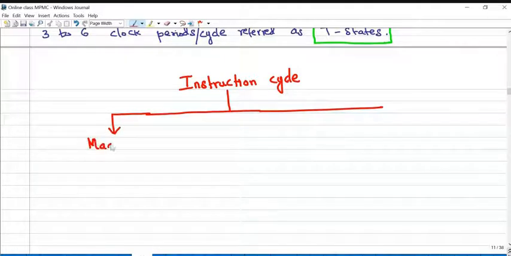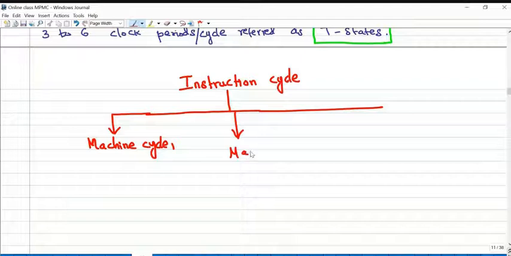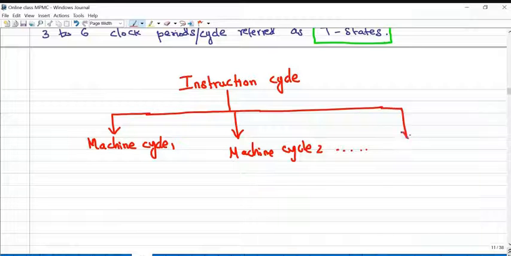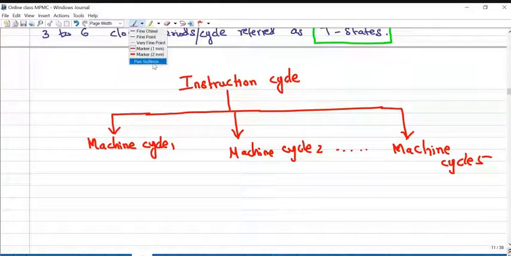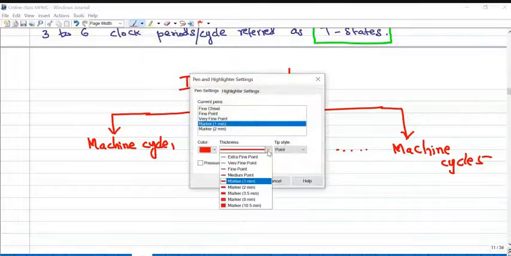For example, machine cycle 1, machine cycle 2, up to a maximum of 5. I'll tell you which instructions require only one machine cycle, depending on the instruction.